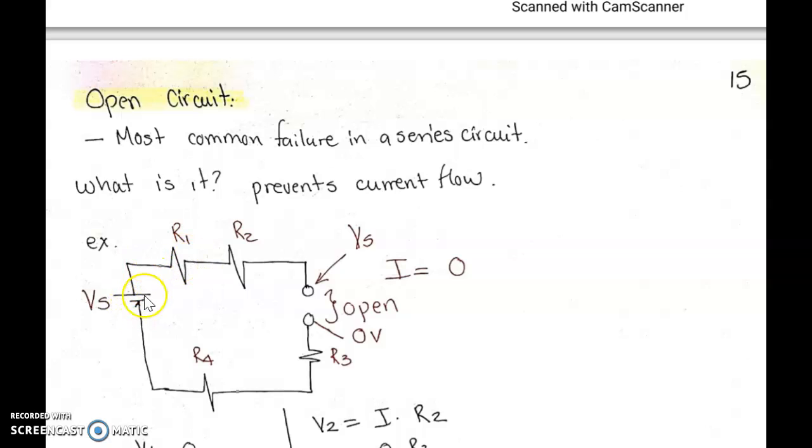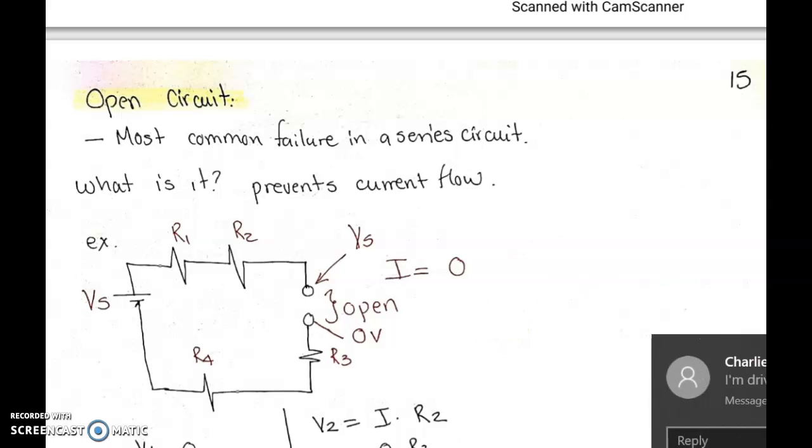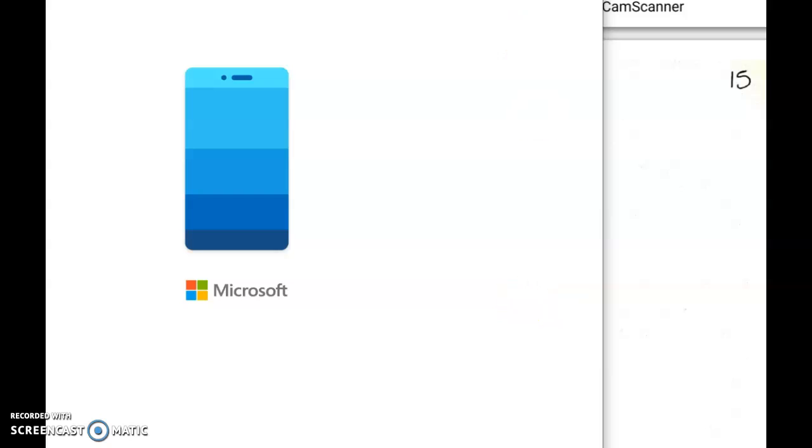So we have the source and the loads, but as far as a closed path, it is open. There is no connection, and current cannot jump from here to here. So that's why it is open. The current is equal to 0. It prevents the flow of current. This is a major problem in series circuits.